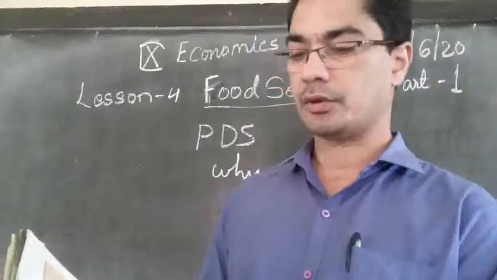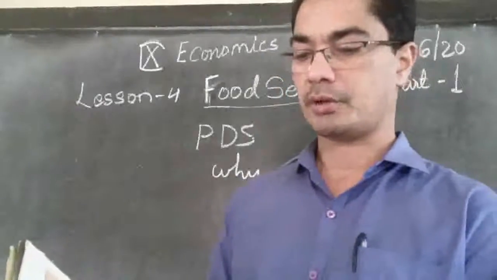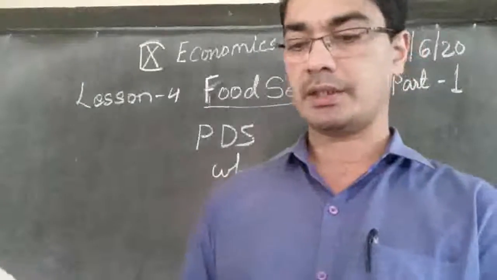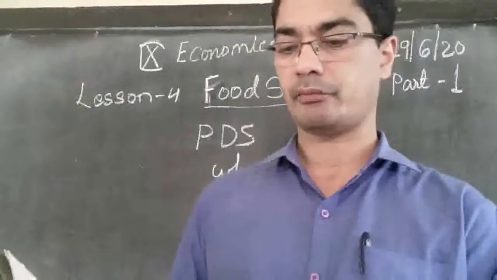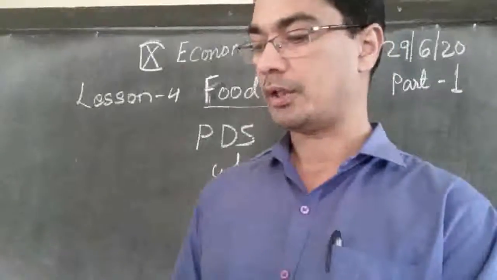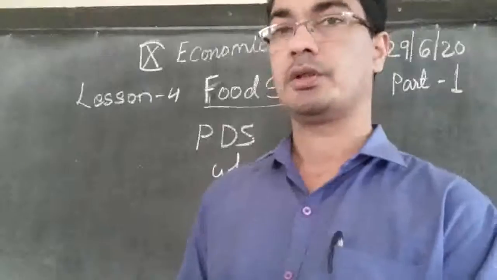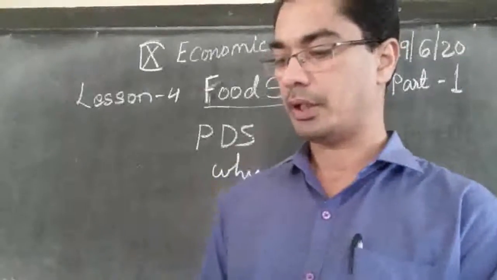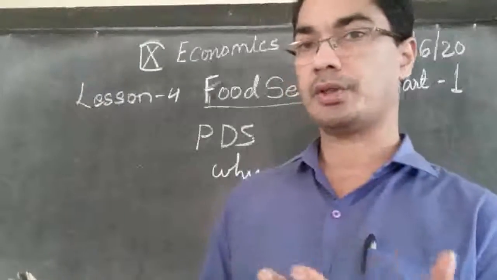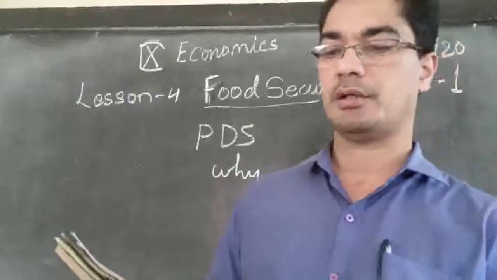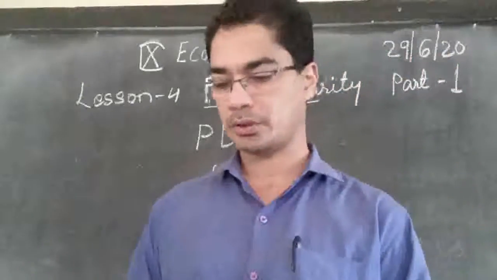Then for the following year, the production was very low again. It came down again. Only 76 lakh tons were produced. Then the government imported 3 lakh tons more, and the total was 79 lakh tons. So the total was very low. Because the previous year, 1941, was also very low, and in 1943 also the production was very low.